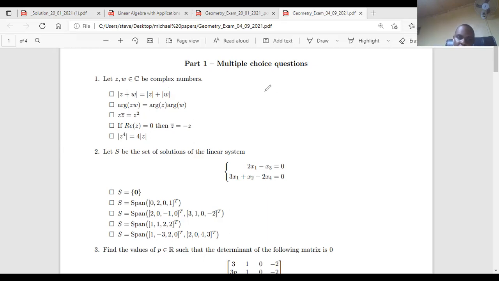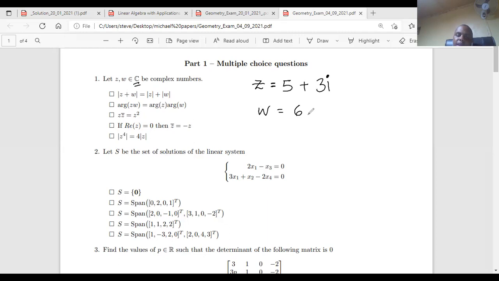Can you take a number Z equals 5? It has to be complex, so it's going to have an imaginary part and a real part. 5 plus 3i.